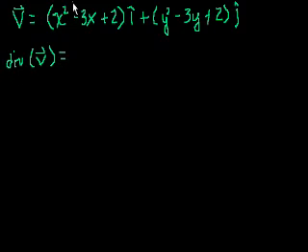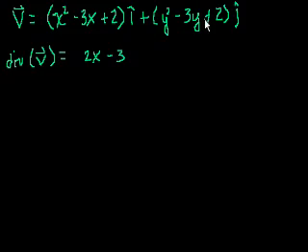So what's the divergence? We take the partial derivative of the x component with respect to x. There's only an x variable here, so we don't even have to worry about keeping y or z constant. So it's really just the derivative of this expression with respect to x. So it's 2x minus 3. And then we add that to the partial derivative of the y component with respect to y.